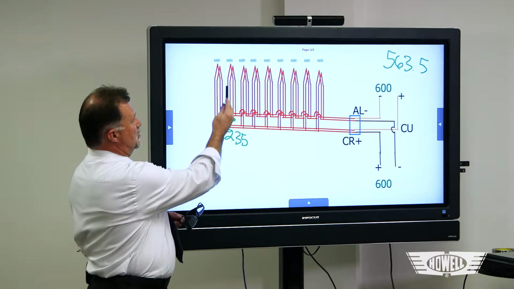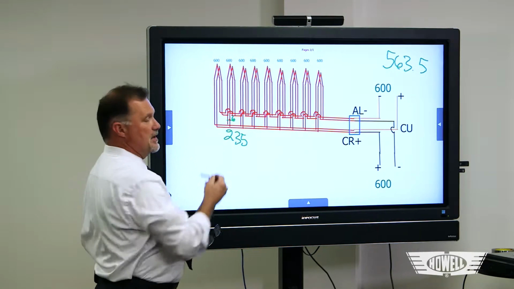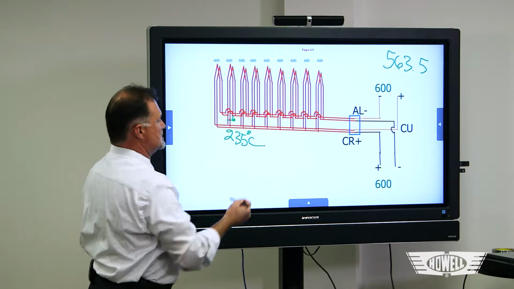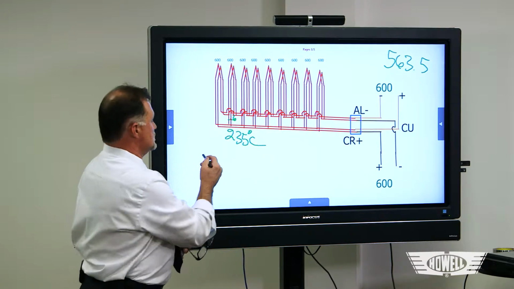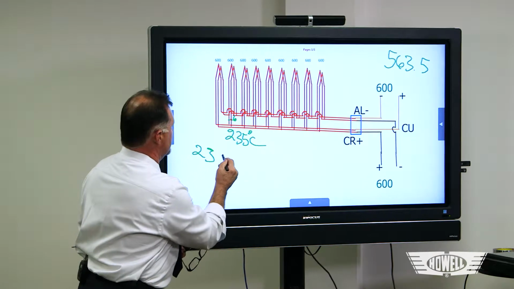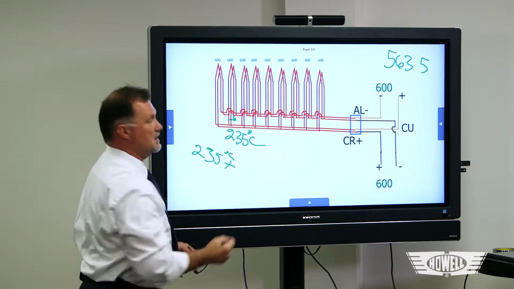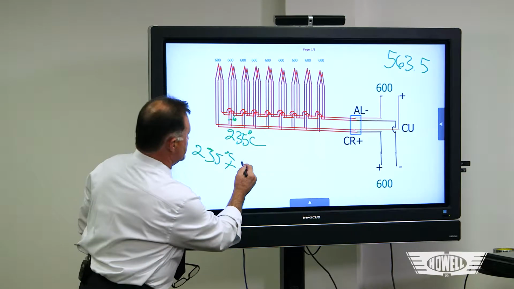If I'm looking at thermocouple number 2 in my apparatus, and I actually short the chromel and alumel leads, it's pretty warm down there, but it's only 235 degrees C. Well, see, now I have 10 separate junctions. So I've got 235 degrees C, plus I still have all 9 at 600, so that's plus 5,400.